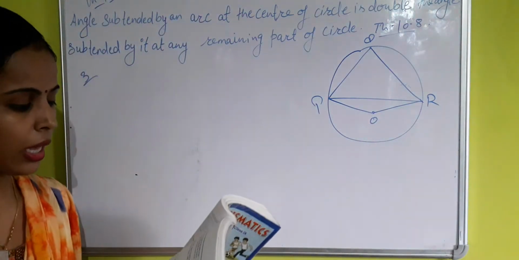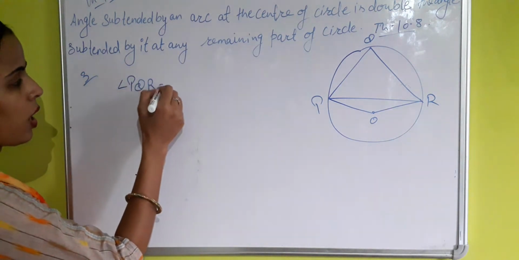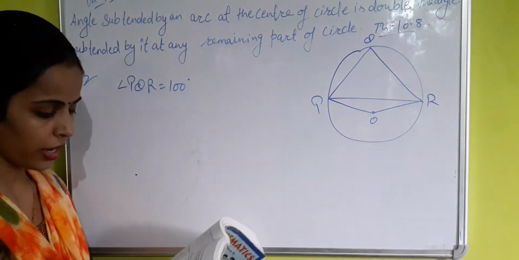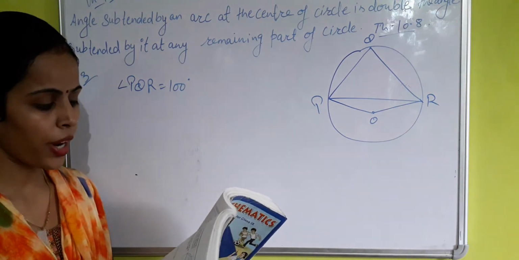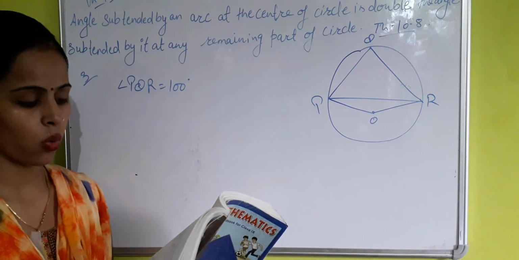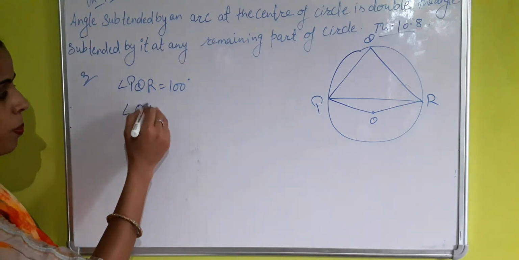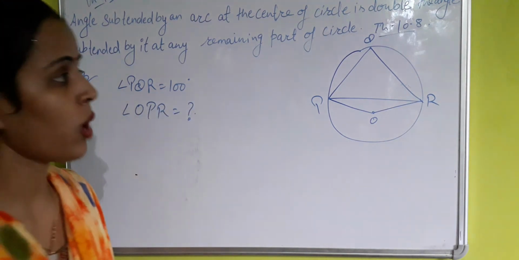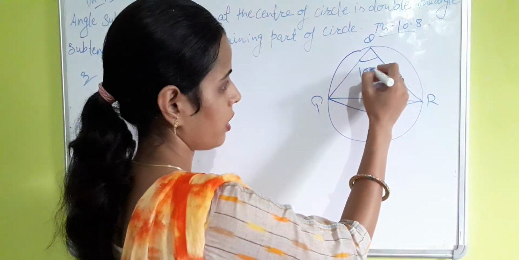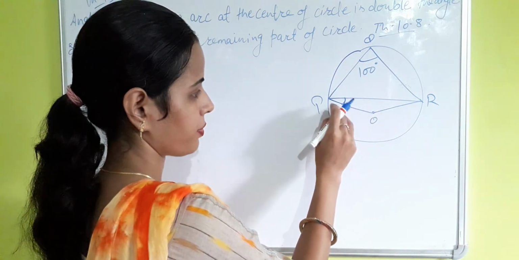Angle PQR is 100 degrees, where P, Q, R are points on a circle with center O. Find angle OPR.